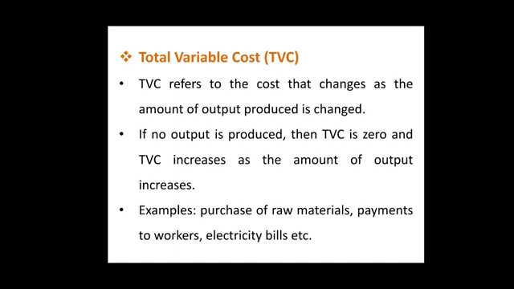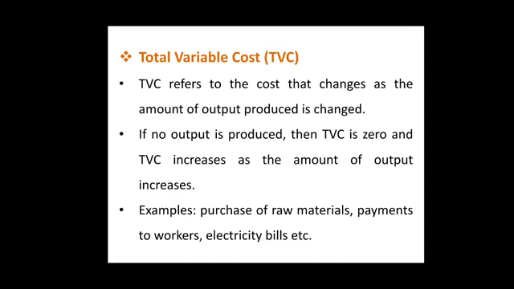If the firm closes down for some time period in the short run, then it will not use the variable factors of production and will not therefore incur any variable costs. That is, if no level of output is produced, the total variable cost is zero.